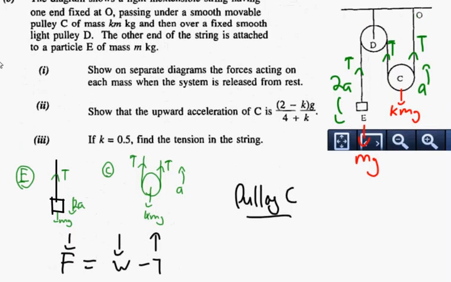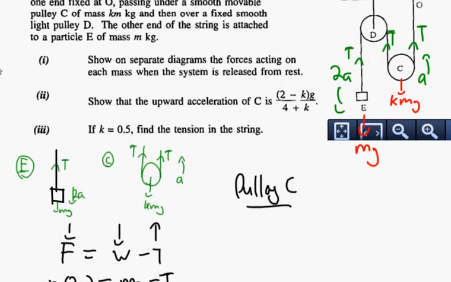What's the formula for pulley C? It's going upwards. Who's winning, tension or weight, if you're going upwards? Tension minus weight.